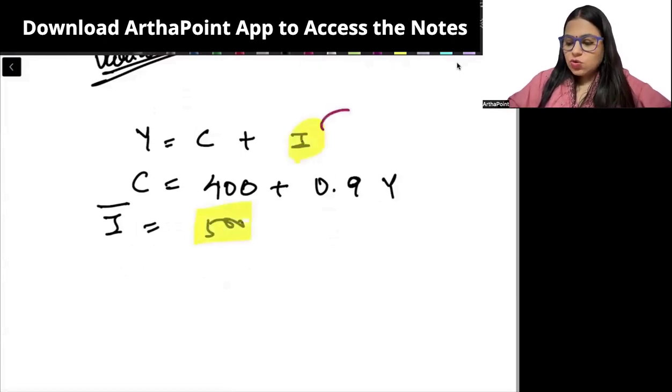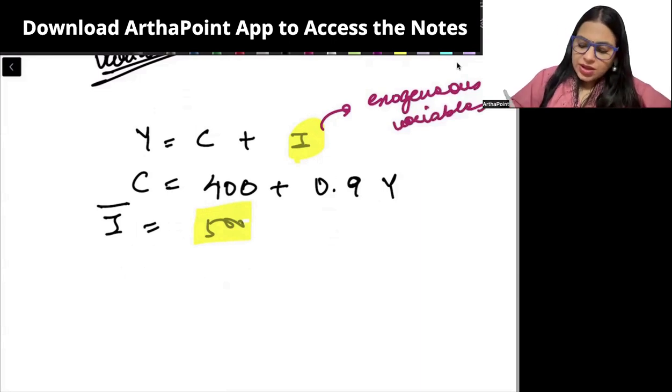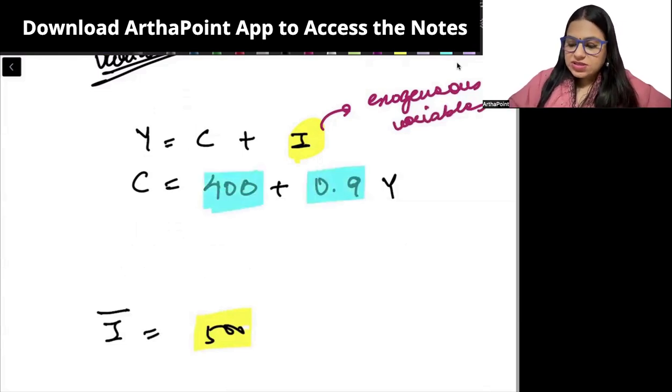तो ये investment को हम exogenous variable बोल सकते हैं. It is determined outside the model. ठीक है? ये देखो यहाँ पर, this is also 400. This is fixed. 0.9 fixed.